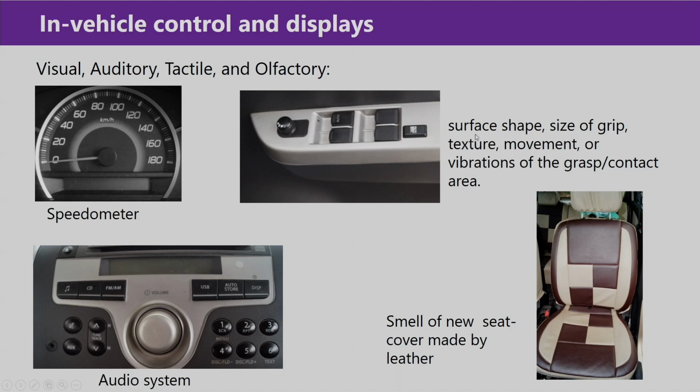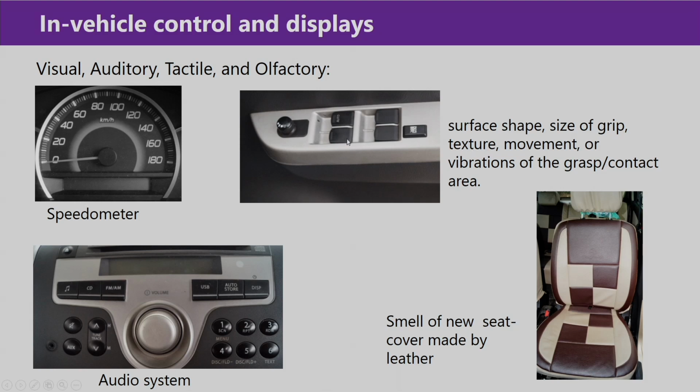Then there are surface controls, like these controls for controlling the windows. These controls are available on the door panel, and they come under tactile display. When you are touching those controls, through their shape, their size, their texture, they are giving information about which control is there. So, we need not look at it.